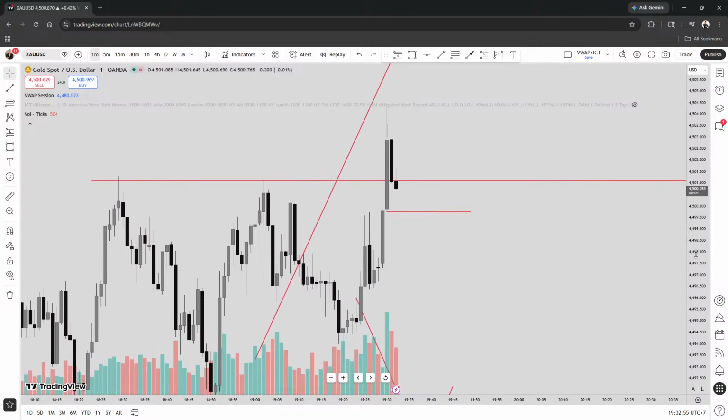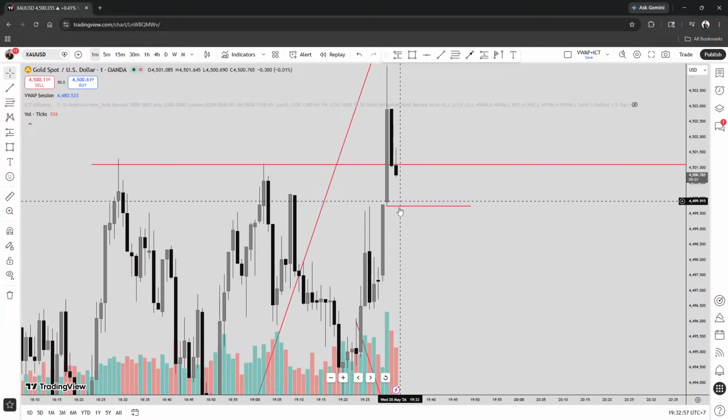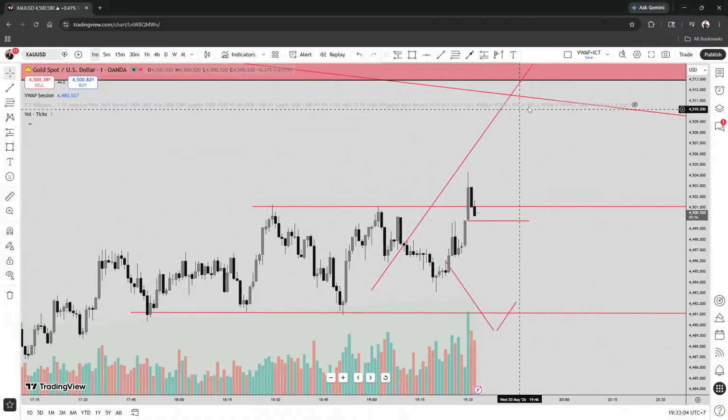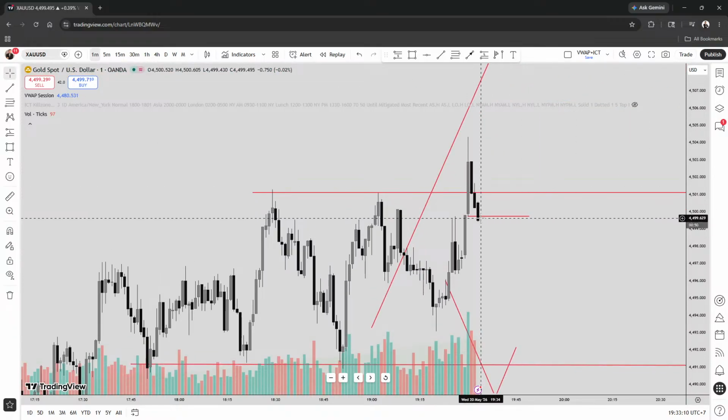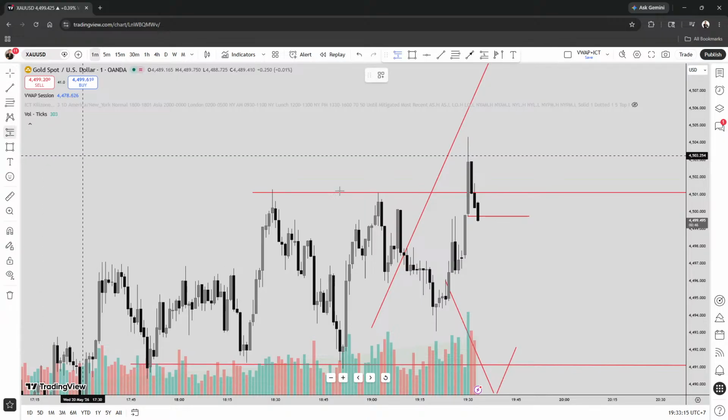So we just wait. If there's a candle close below this level, we can enter a sell. You don't have to wait for the price to go here. We just enter here, like this.